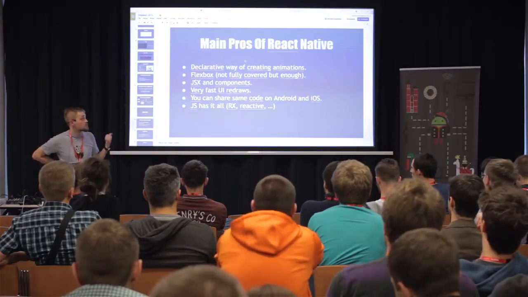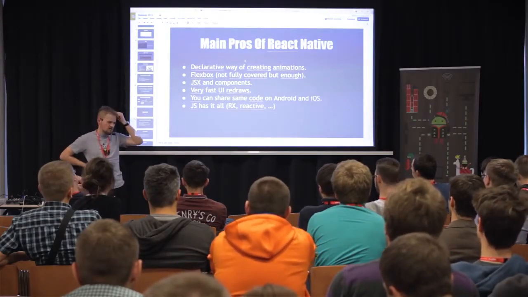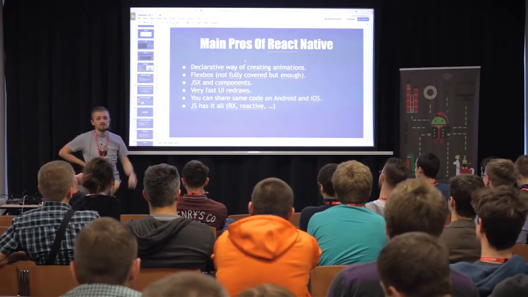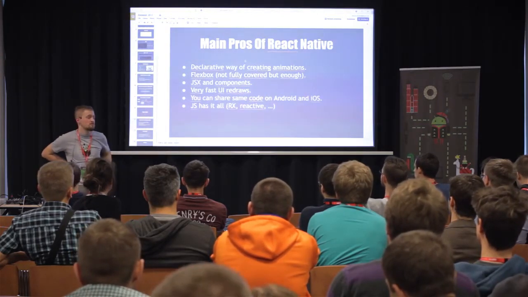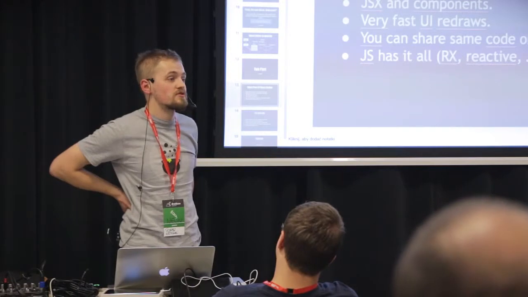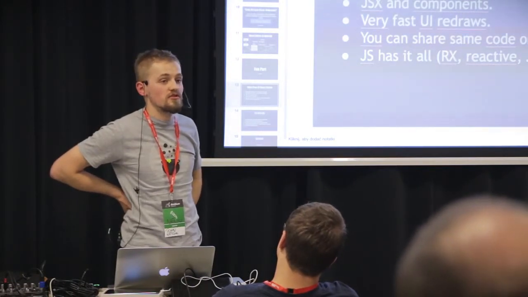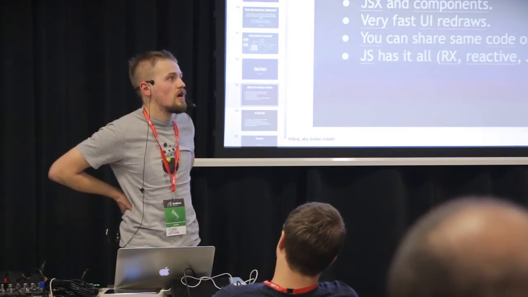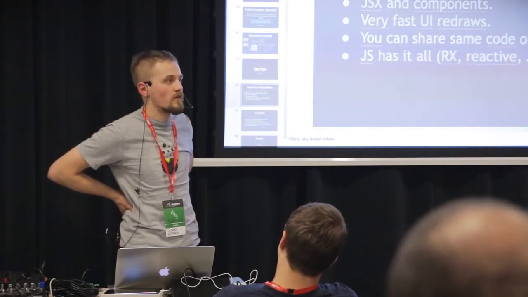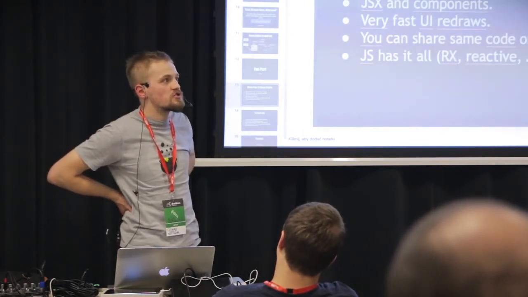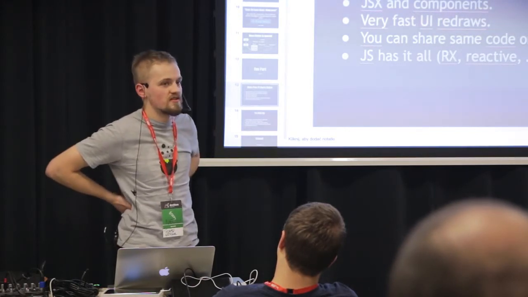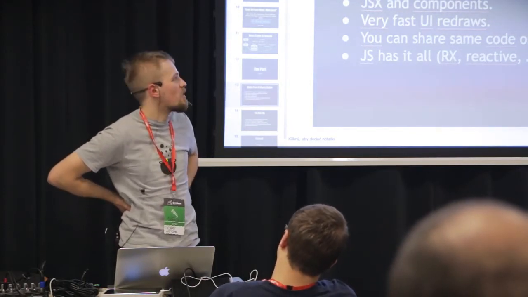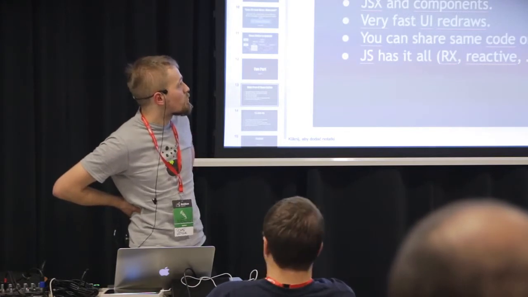We've got Flexbox, which in my opinion is right now the best way to solve layout problems. We can use XML in Android, but it's not so clean in my opinion. And in iOS we've got Auto Layout, which is not so fast, and it also isn't very clean.